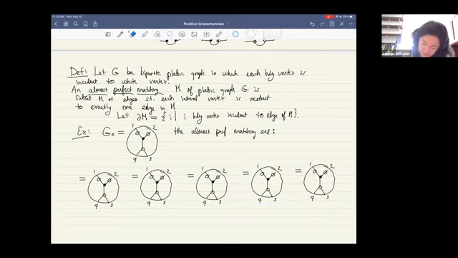I have this perfect matching here. Well, I guess I'm calling them almost perfect matchings. And then there's also this one.